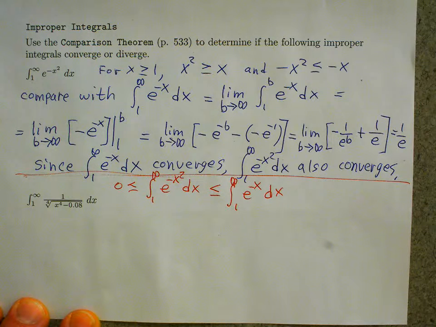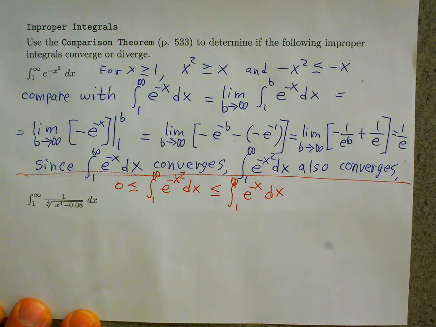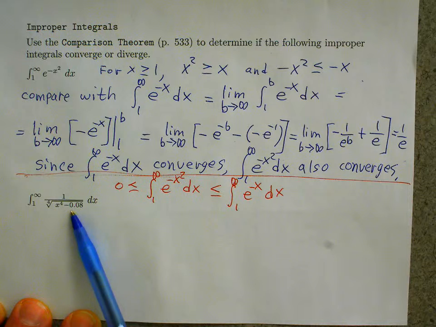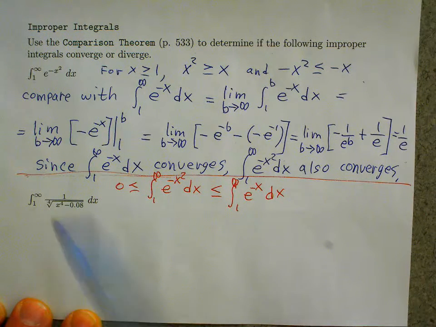Compare it with 1 over x. There's a clue here: we have 1 over the 4th root of x to the 4th minus 0.08. Well, the 4th root of x to the 4th is x, so we'll compare it with the improper integral of 1 over x from 1 to infinity.